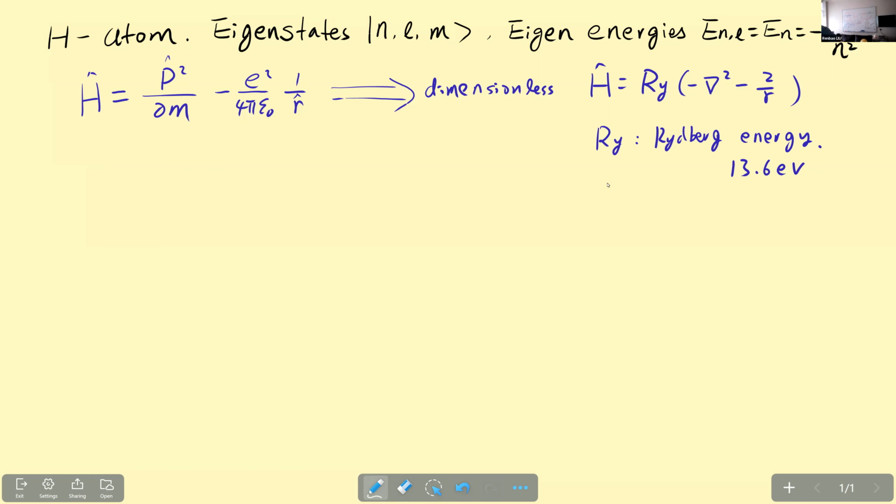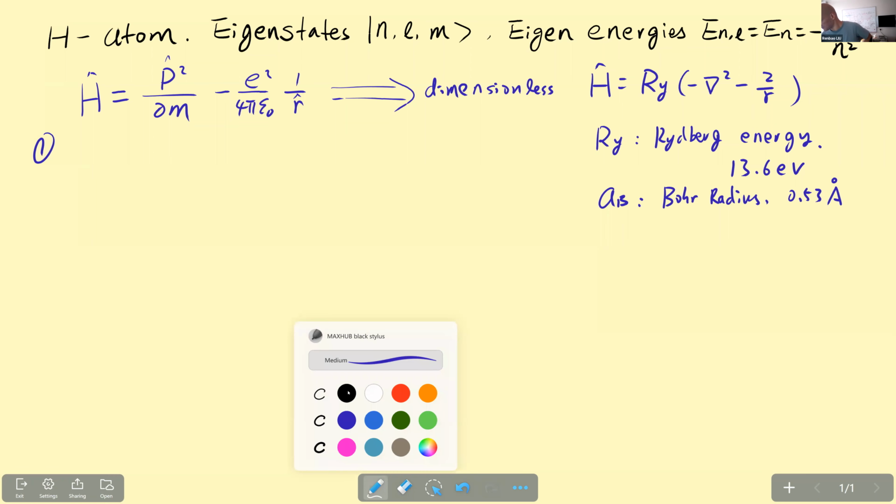And then the length scale is called the Bohr radius, about 0.53 angstrom. So this is one thing that we have learned.